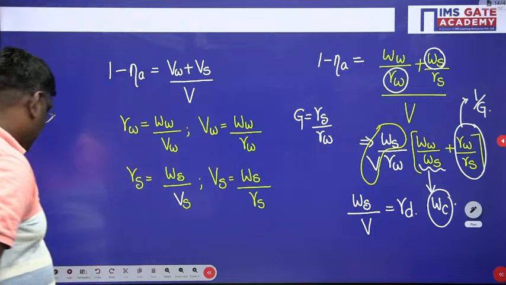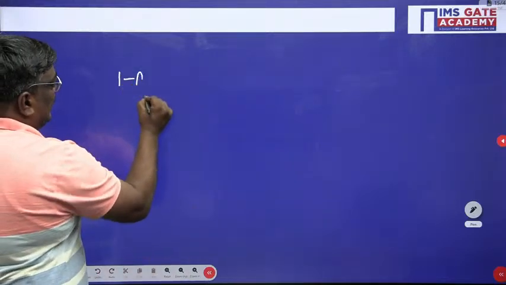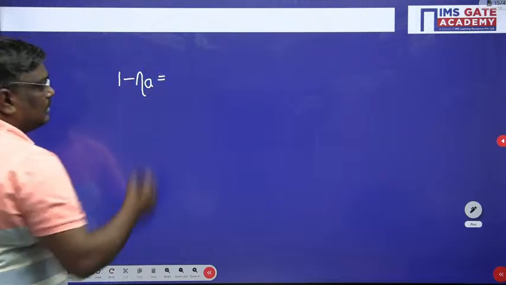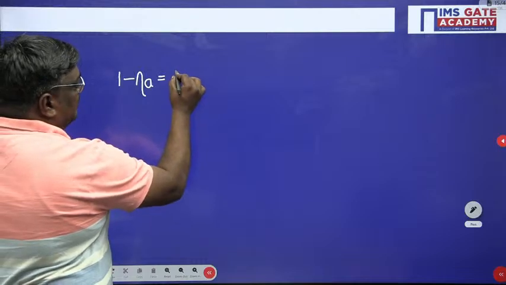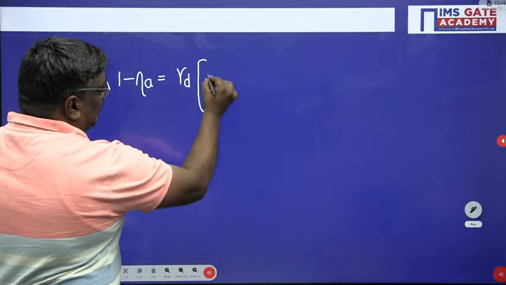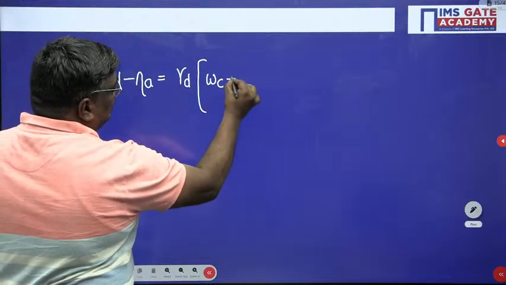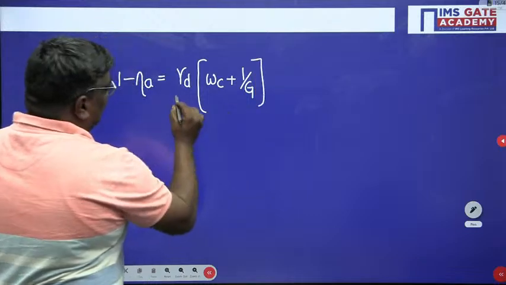Now, my dear students, you can write here 1 minus Na. What, sir? 1 minus Na is equal to what? 1 minus Na can be written as gamma D into water content plus 1 upon G. We have gamma W also.